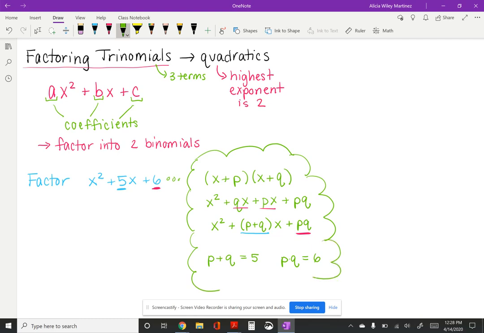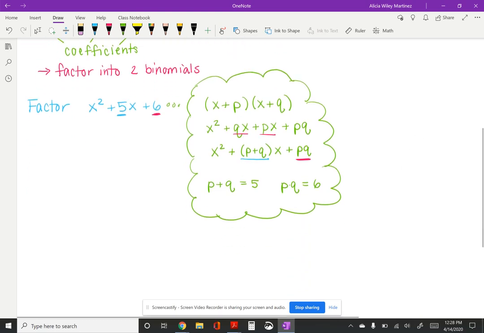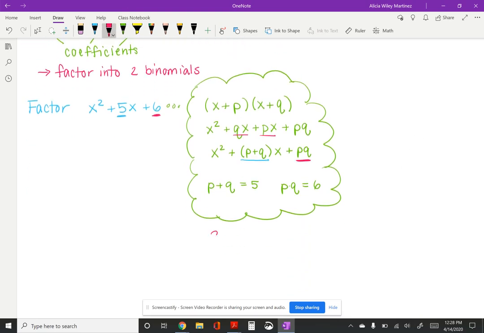So what we need to come up with is two numbers where the sum is 6, but the product, sorry, the sum is 5, I messed that up. The sum is 5 and the product is 6.